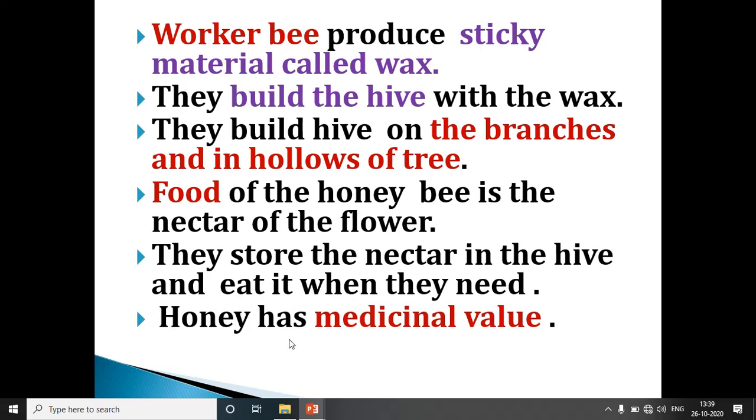And the honey produced by the honeybee has a lot of medicinal value. Some of the medicinal uses are to treat cough and cold. So honey has a lot of medicinal value.